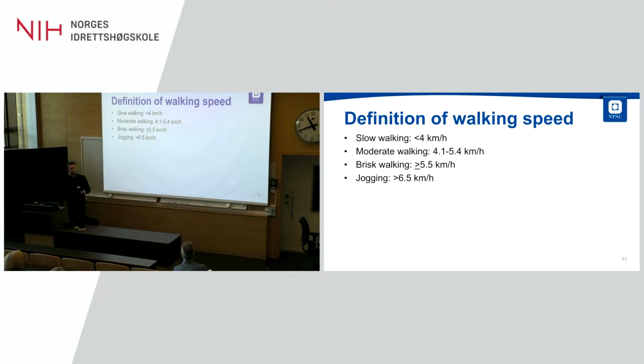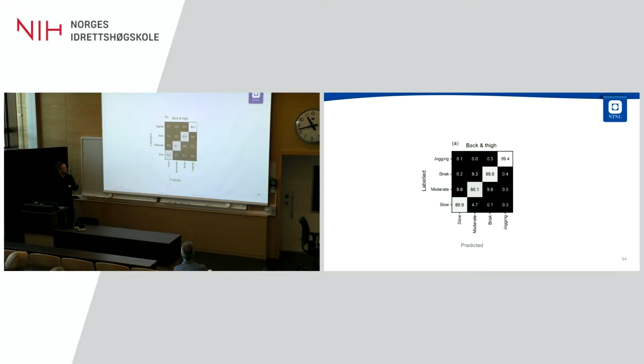These cutoffs are based on the compendium of physical activities and the corresponding MET values there. This is the confusion matrix of the machine learning model that we used there. It was also an XGBoost model, if I remember correctly, and around 90% accuracy.